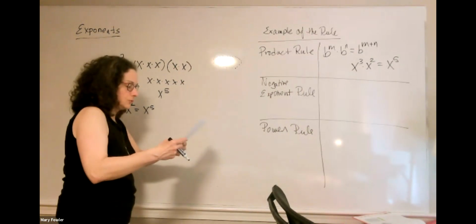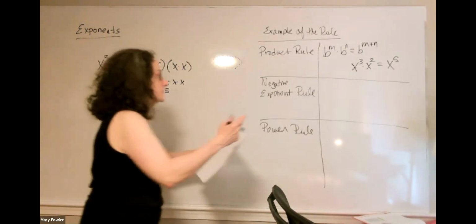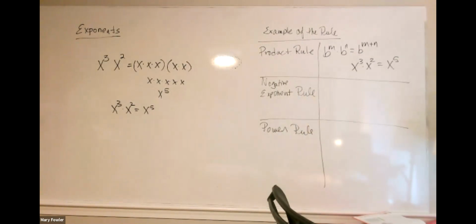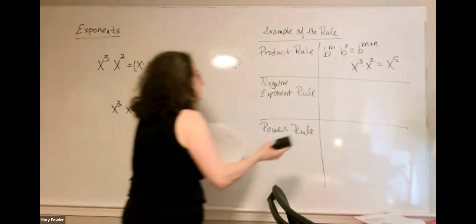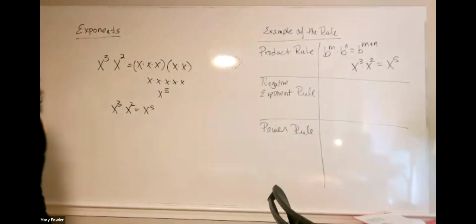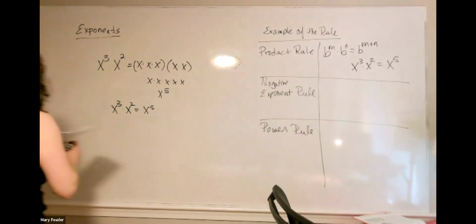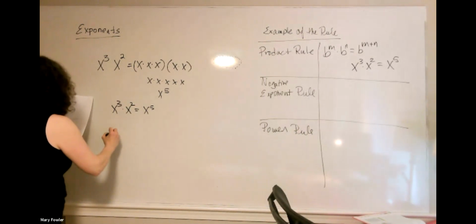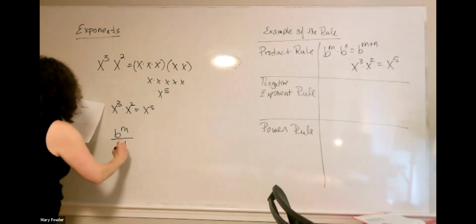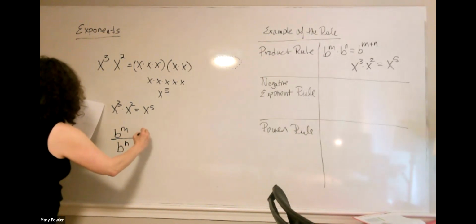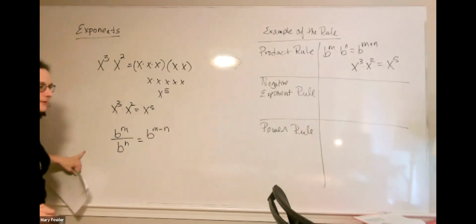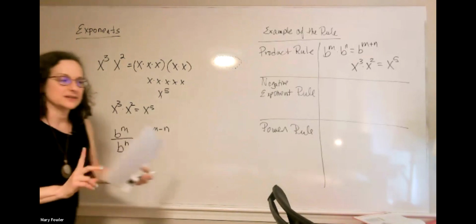Another product rule is to think about b to the m divided by b to the n, and the rule says that's b to the m minus n.